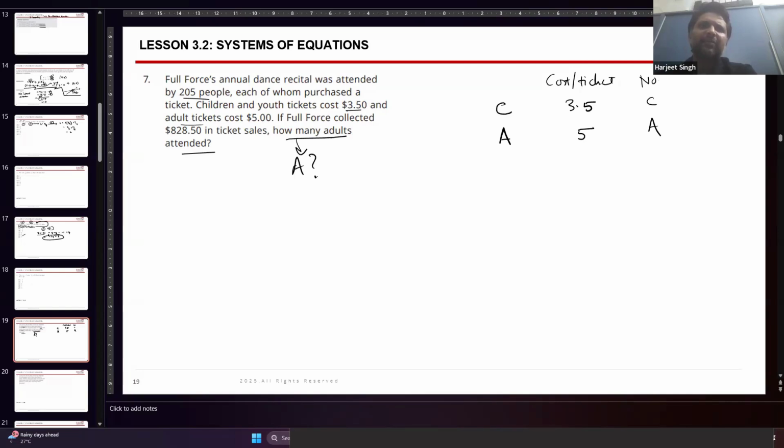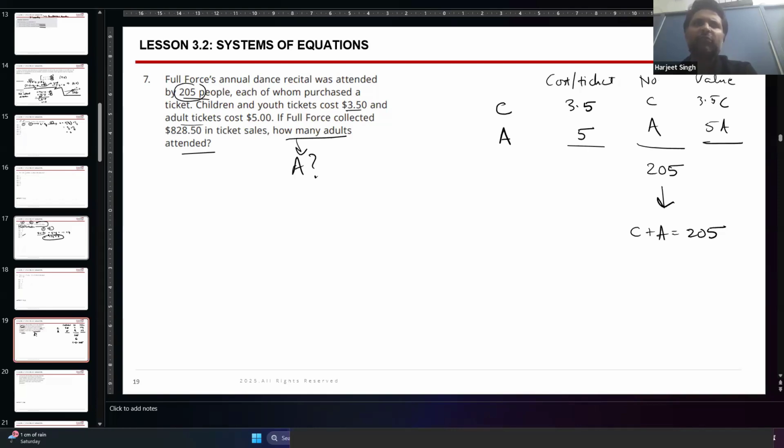Now we can very easily set up the problem. It's given that 205 people attended, which means can I write the sum of C and A is 205? So this column will give me the equation C plus A is 205. And the first column will give me another equation because Full Force collected 828.5 and the cost per ticket is 3.5 and the number is C. So can I say the value is 3.5C for children, the value of the tickets, and for adults it is 5A.